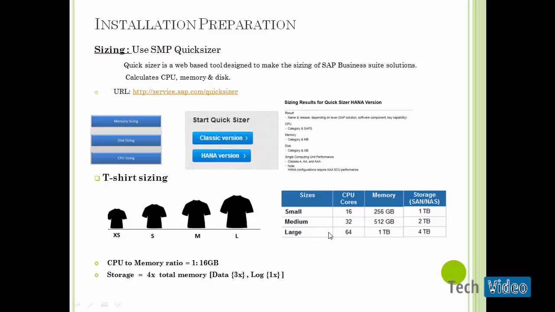And large, again 64 CPUs, 1 terabyte of main memory, and 4 times that, 4 terabytes, of storage. So using this formula as a base, you can decide on the sizing requirement for your environment and prepare a t-shirt sizing recommendation which can be used at any point for any sort of HANA implementation.